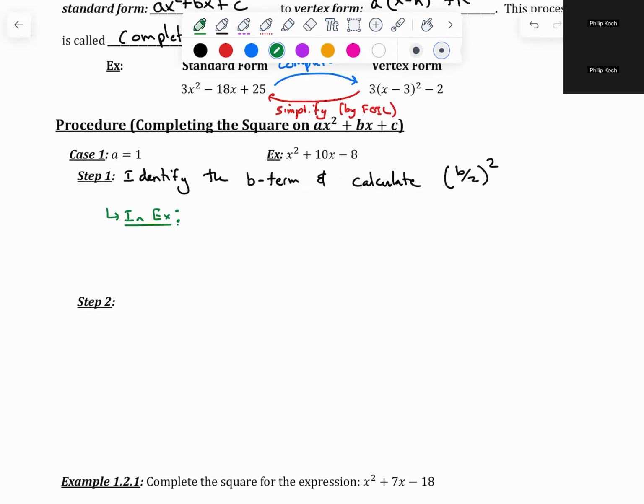So in this situation, we've got x squared plus 10x minus 8. This is your b term. B is equal to 10, positive 10. So I'm also going to calculate b over 2 quantity squared. So b divided by 2 squared is 10 divided by 2 squared, which is 5 squared, which is 25.